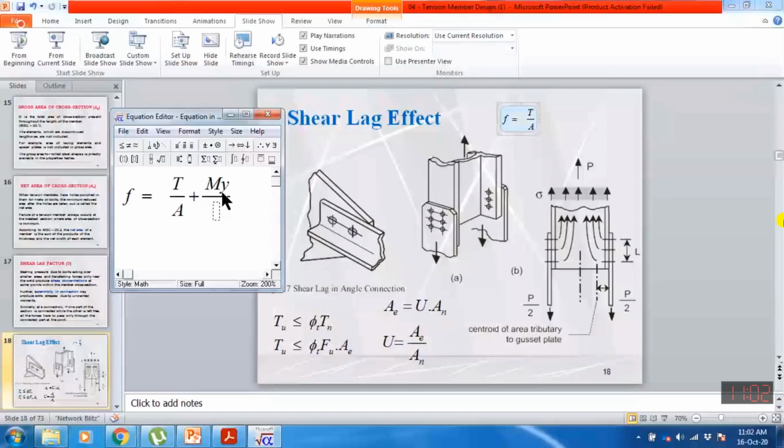So it means that actually it is difficult to compute these extra stresses. This moment will be equal to T into e. So we cannot compute these stresses. So this moment will be equal to T dot e, where e is due to the eccentricity between the center line of the angle section and the channel section.